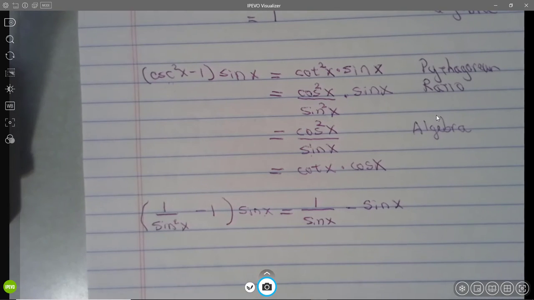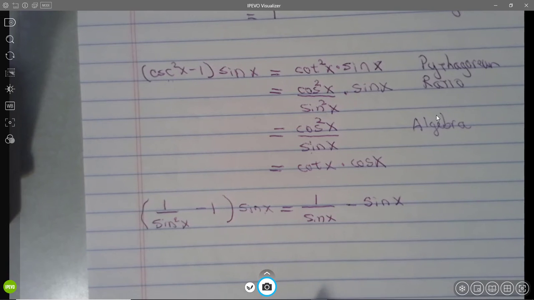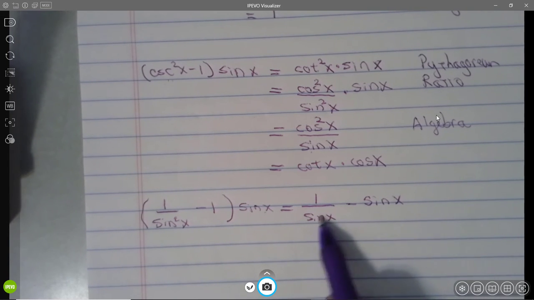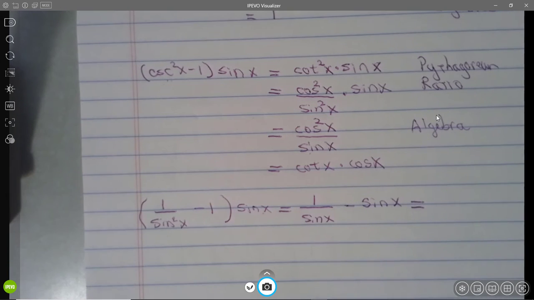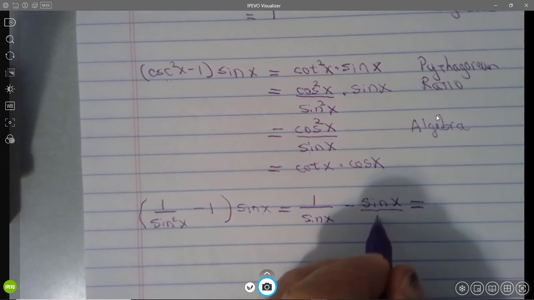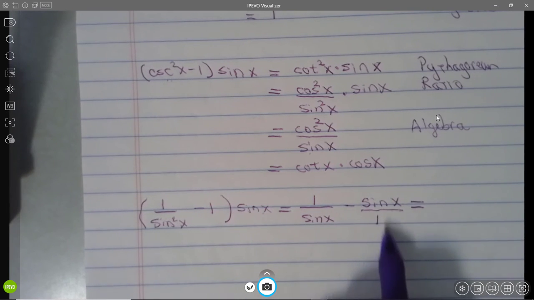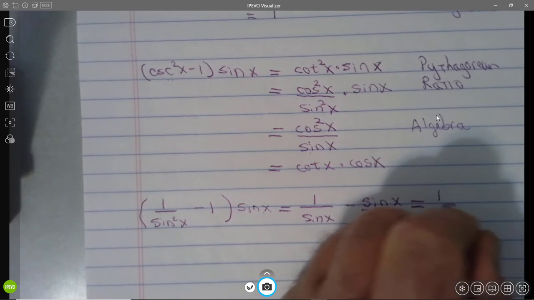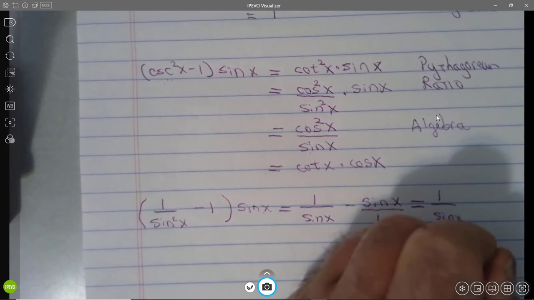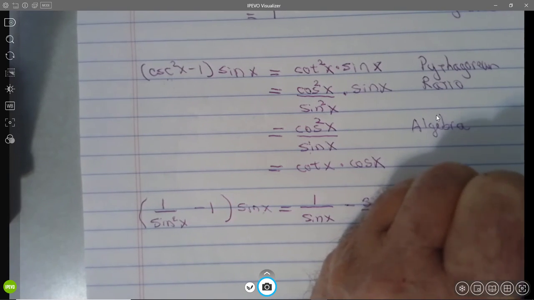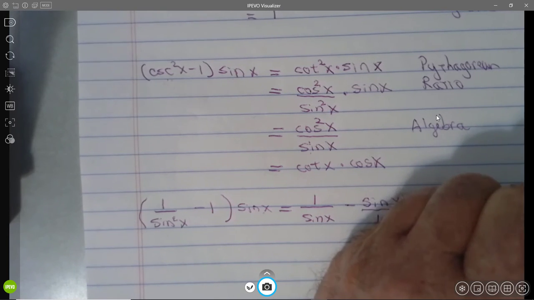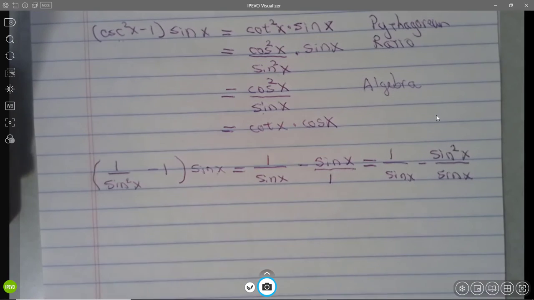Okay, now, can I put these two pieces together? Well, I can. If I say that this one currently has a denominator of 1, I can multiply it up and down by sine of x to get a common denominator.